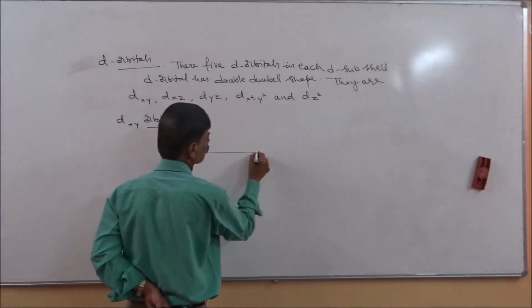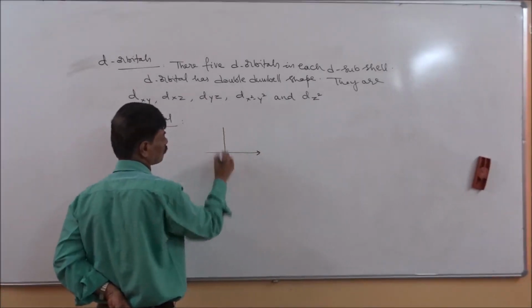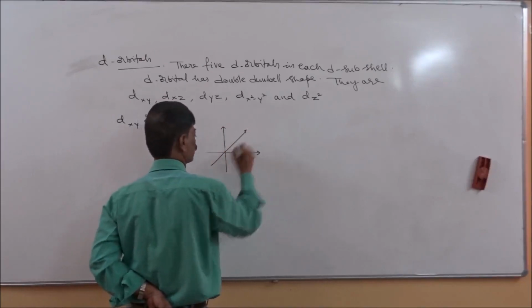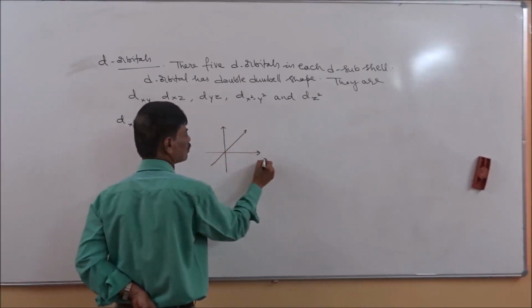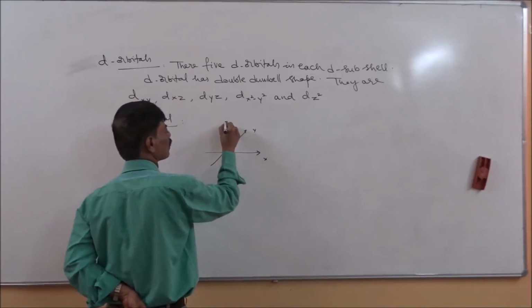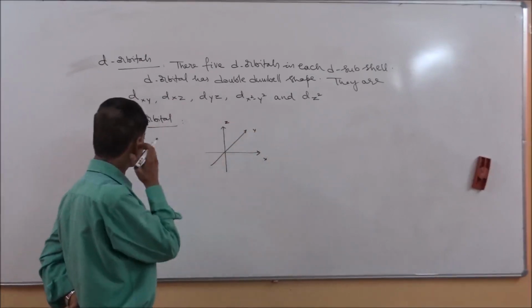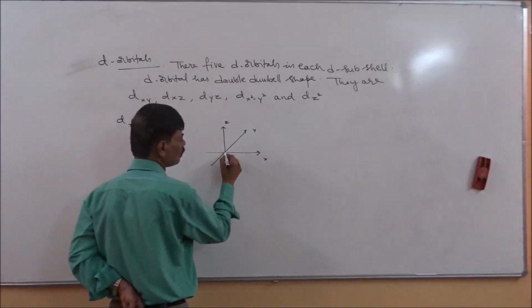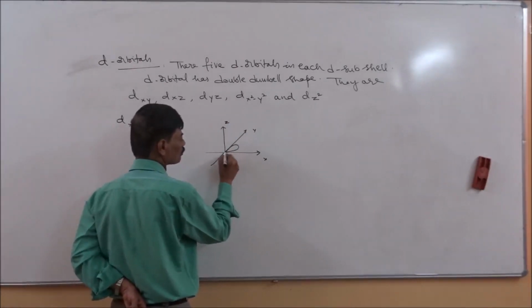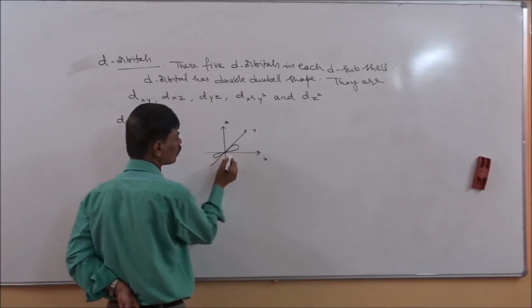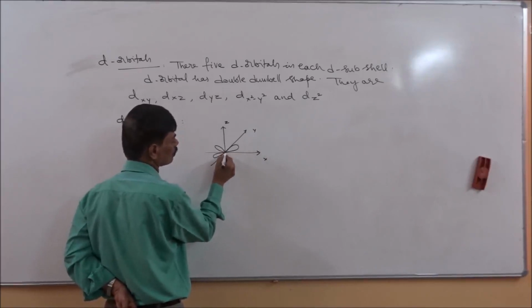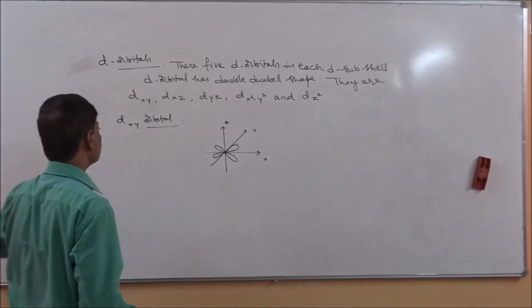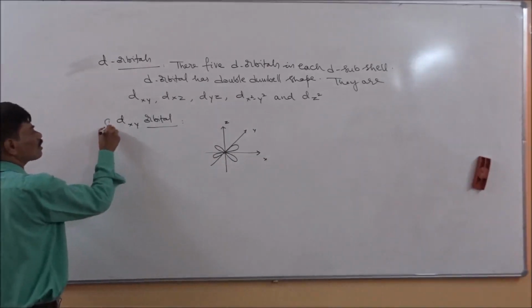First I'll show the axes, three axes in this way: x-axis, y-axis, z-axis. The dxy orbital is in between x and y, and the opposite to that. This is the dxy orbital, first orbital, right?